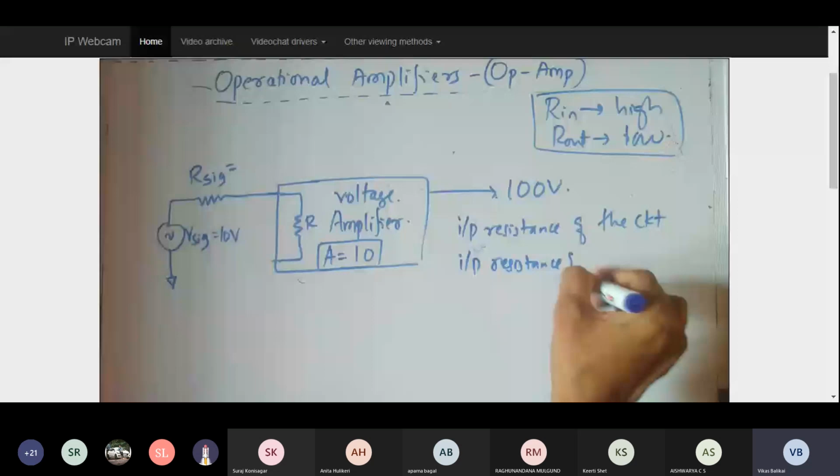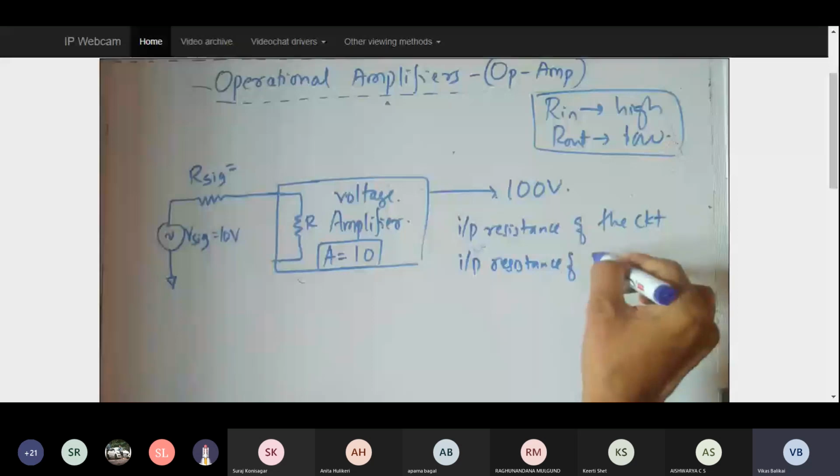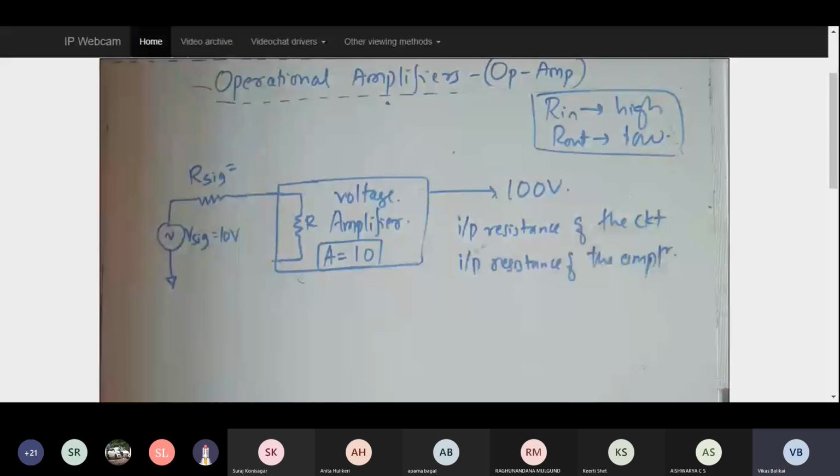Do you find any difference between these two statements? Input resistance of the circuit, input resistance of the amplifier. If so, what is the difference? Can anybody tell me? What is the input resistance of the circuit, and which is the input resistance of the amplifier?